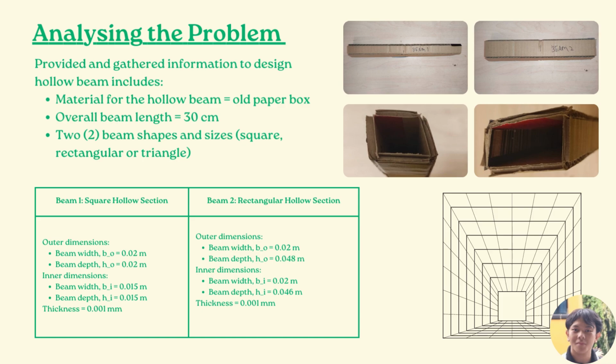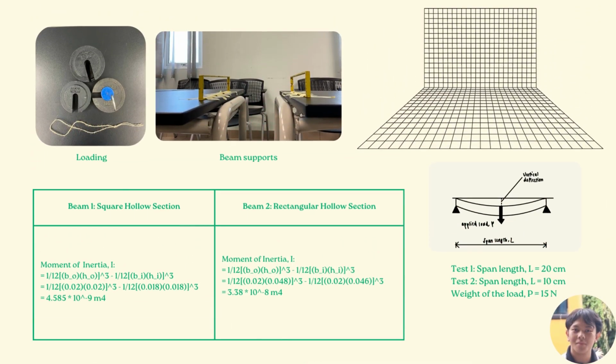Moving on from the first beam, the outer dimensions of our second beam are 0.02 meter for the width and 0.048 meter for the depth. However, the inner dimensions are 0.02 meter for width and 0.046 for the depth. And the thickness for our second beam is the same as our first. This slide shows the loading and beam supports and the equation for the moment of inertia for both of our beams.